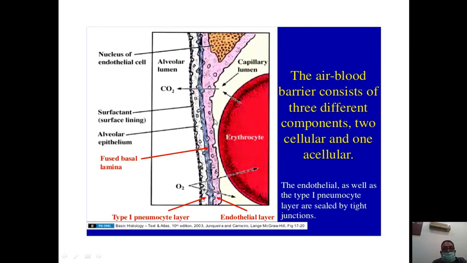This is the barrier between the capillary plexus and the lumen of the alveoli, where gaseous exchange takes place. Carbon dioxide moves toward the endothelial cell and the oxygen moves toward the alveoli. So this is the barrier, which is very thin.